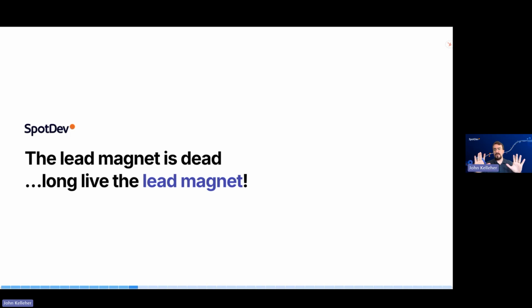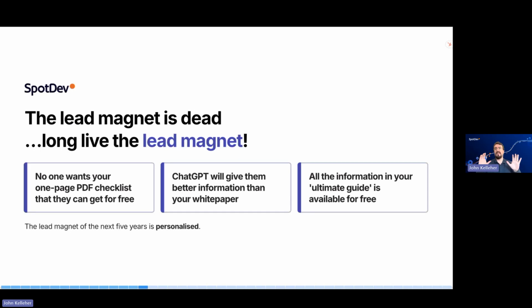The lead magnets I want you to kill off are these ones. I'm sorry to tell you that nobody wants your one-page PDF checklist. Nobody wants it anymore. Maybe they never actually wanted it in the first place.